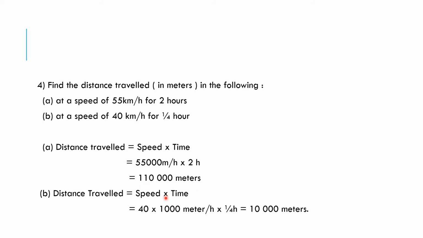In the second case, that is equal to 40 into 1000 meters into 1 by 4 hour. Hour gets cancelled out. 40,000 over 4 is 10,000 meters. So the distance traveled in the first case is 110,000 meters and in the second case is 10,000 meters.